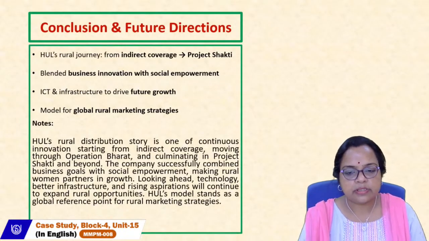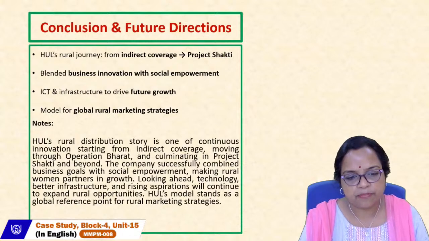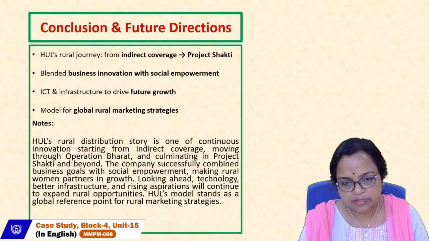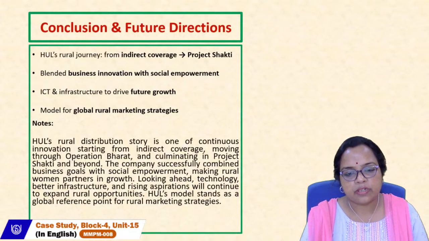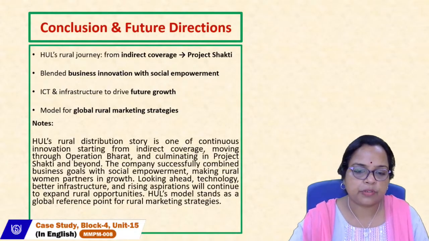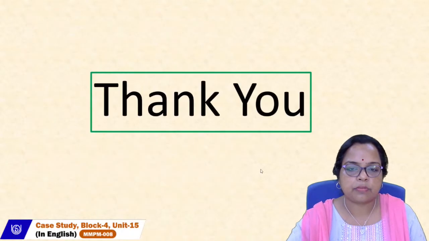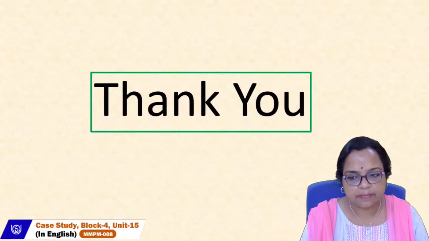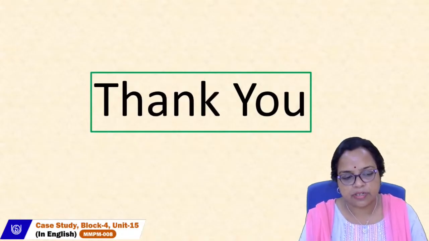HUL's model stands as a global reference point for rural marketing strategies. We need to accept, and the world has accepted, that the HUL model has global importance when we discuss rural marketing strategy. With this, we are closing the entire chapter on distribution and rural marketing.